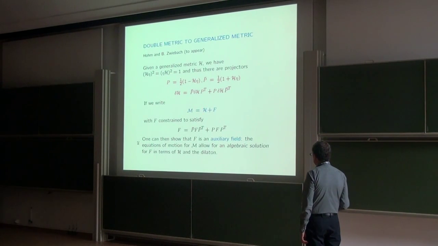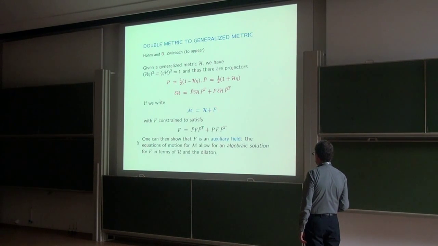Since little fluctuations of H include the off-diagonal projections, it's natural to constrain F to just include the diagonal projections.